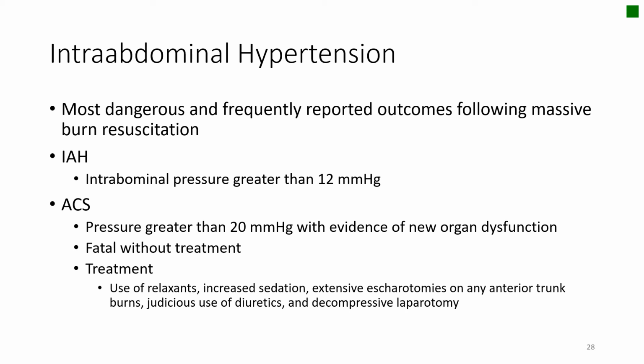The guidelines define intra-abdominal hypertension as an abdominal pressure, obtained by transduced bladder pressure, greater than or equal to 12 millimeters mercury, and abdominal compartment syndrome is defined as a pressure greater than 20 millimeters mercury with evidence of new organ dysfunction.